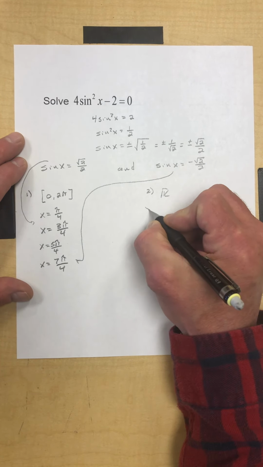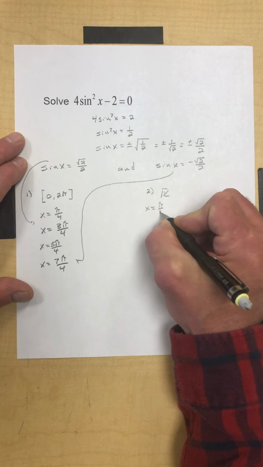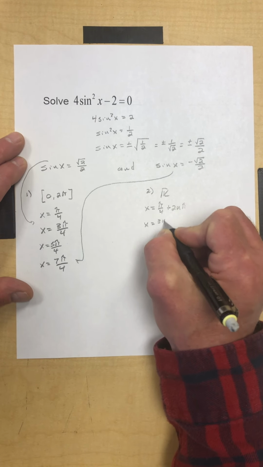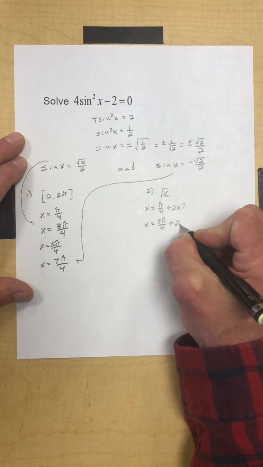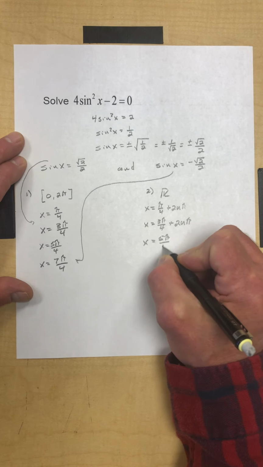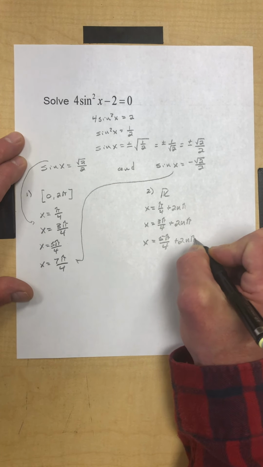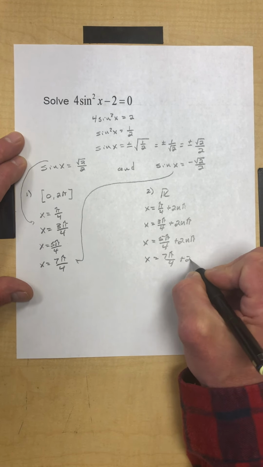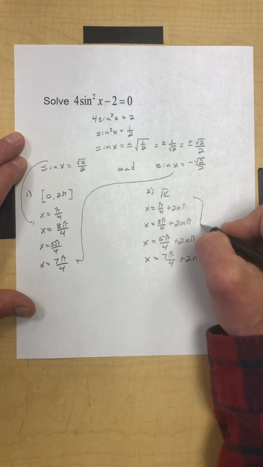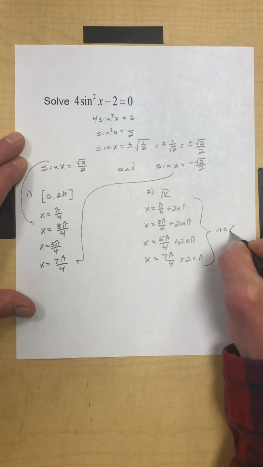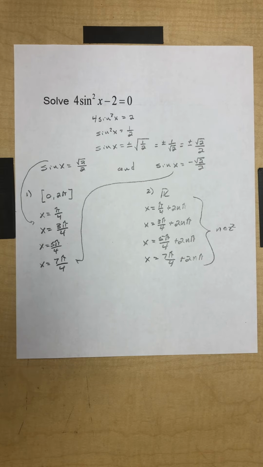So we would get x equals pi over 4 plus 2n pi, x equals 3 pi over 4 plus 2n pi, 5 pi over 4 plus 2n pi, and 7 pi over 4 plus 2n pi, where obviously n is an integer. That worked out okay. I don't have any problems with that one.